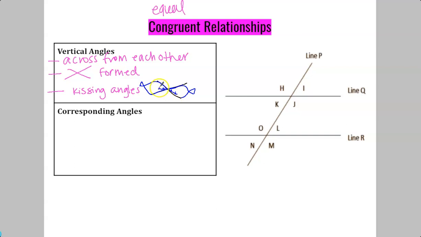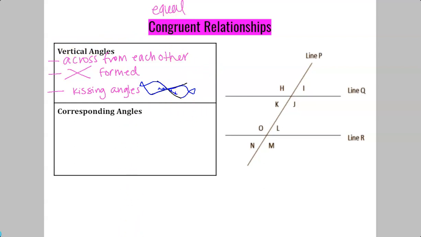Maybe they'd be happy. That looks like really bad smiley faces, but they would be kissing each other because they're across from each other. So we're going to be looking for angles that are across from each other. There's an X that's going to be formed, they're going to be kissing, and we call these vertical angles. And vertical angles are congruent to each other.